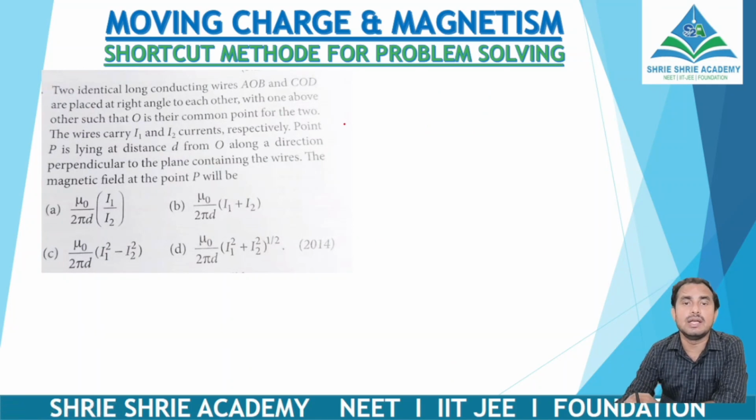Here it is given that two identical long conducting wires AOB and COD are placed at right angle to each other. So you need to understand this. Drawing the diagram in a plane is difficult because it is a 3D figure.